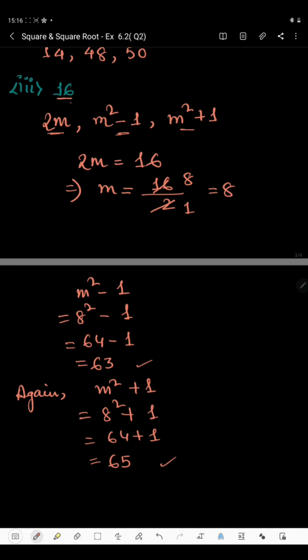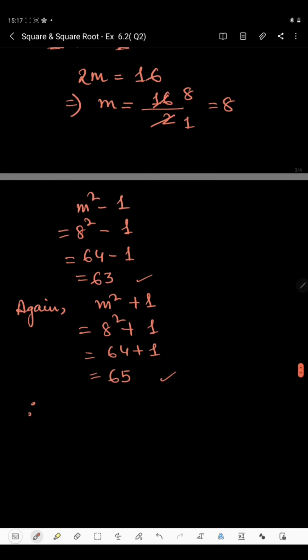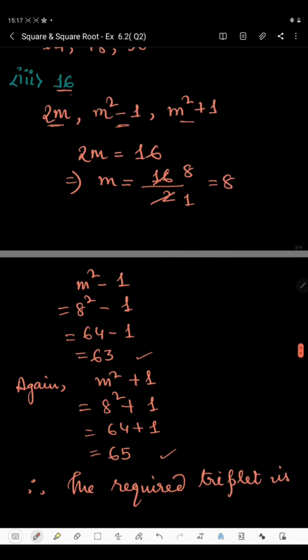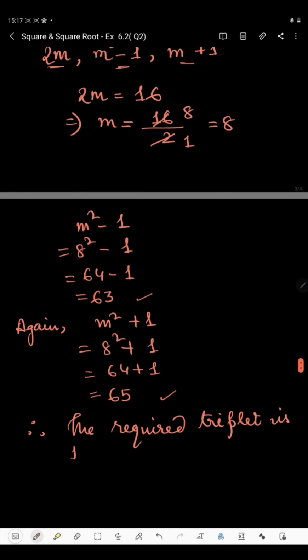Therefore the required triplet is 16, which is given, and 63 and 65.